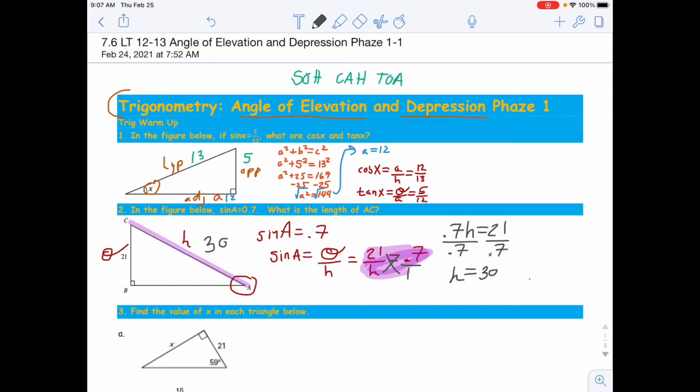So kind of a quirky problem. AC is 30. It gave us a decimal as a trig ratio. We knew one of the sides, so it's basically just figuring out what side length AC would make sine 0.7 if the opposite side was 21.